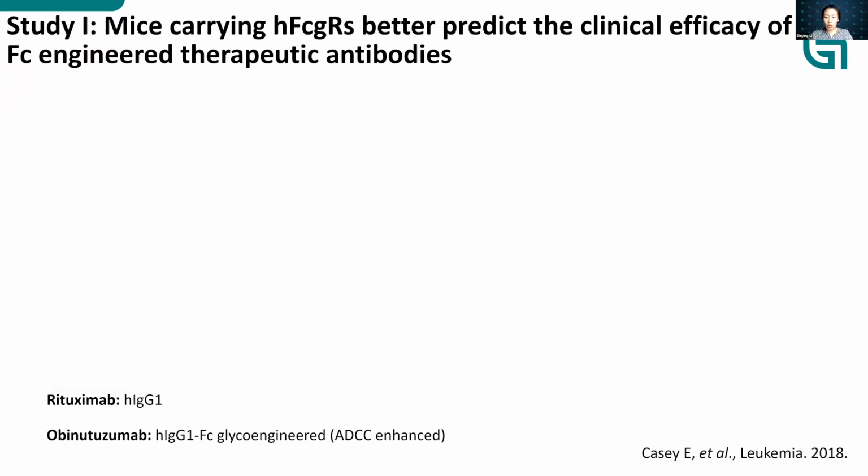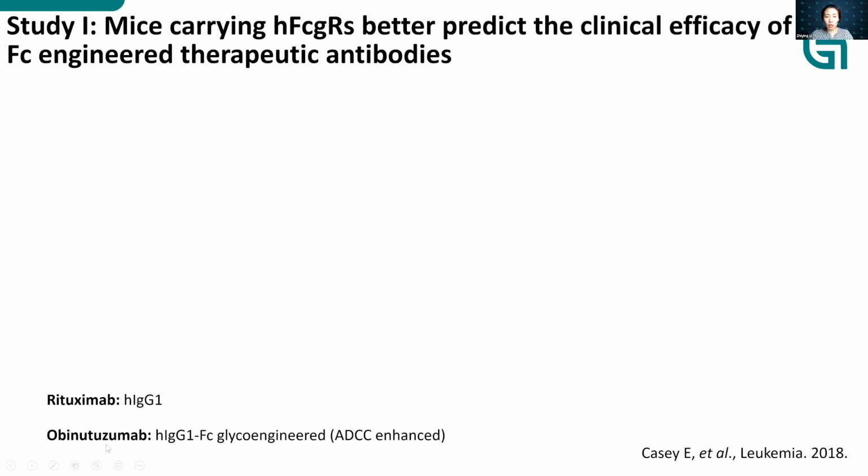So I'm going to show you some data from this study, and hopefully I can explain it very clearly. We have two antibodies in our discussion. The rituximab is a human antibody. It has a human IgG1, and the Fc portion is human to recognize the Fc gamma 3A, also known as CD16A on the effector cell.